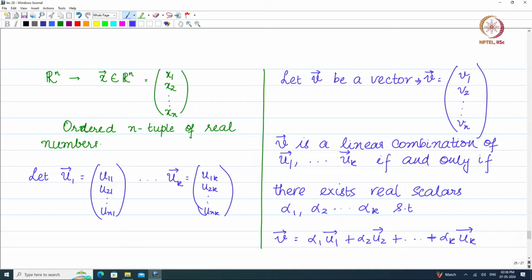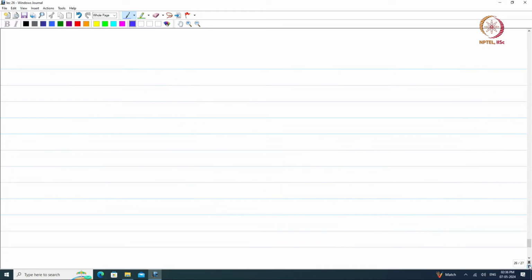If we are able to find such real scalars alpha 1, alpha 2, alpha k, then we say v is a vector which is a linear combination of vectors u1 to uk, right.